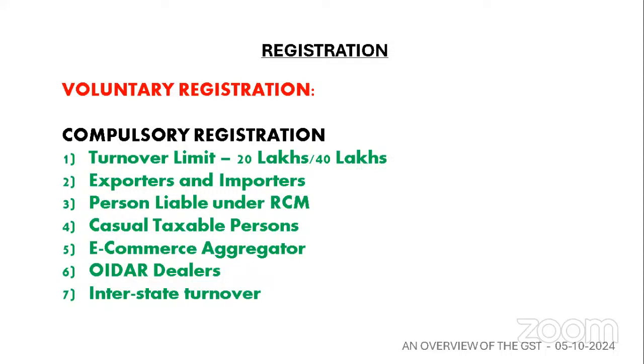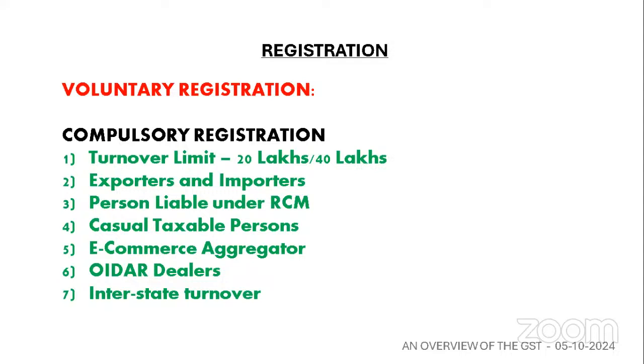The answer is no. The moment you obtain the voluntary registration, it means that you will adhere to all the GST provisions as applicable to a person who is required to be compulsorily registered. There is no difference between a registration under voluntary basis and a registration under compulsory basis.